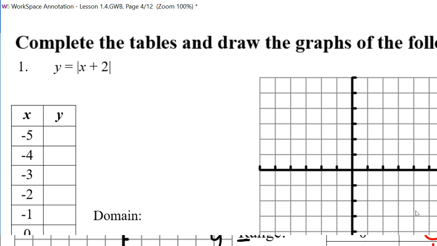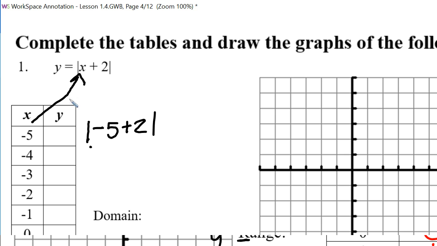So number 1, the equation is y equals the absolute value of x plus 2. So we are going to take the -5, substitute it for x. So inside the absolute value, we'll have -5 plus 2. Now these first few, I'm going to write out the math so you can see where our answers are coming from.